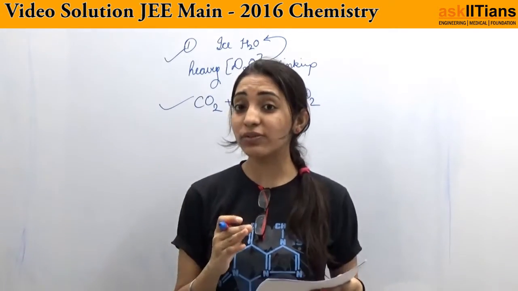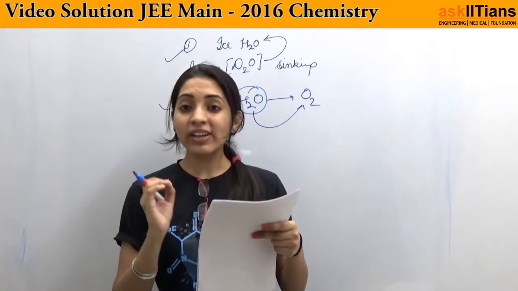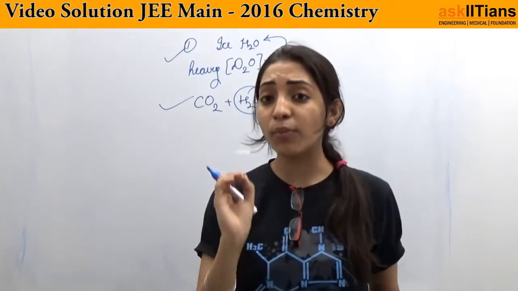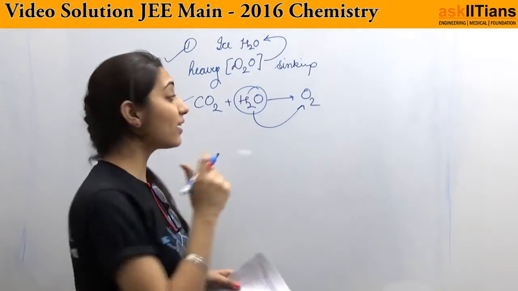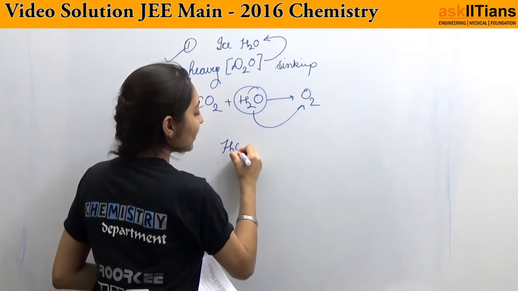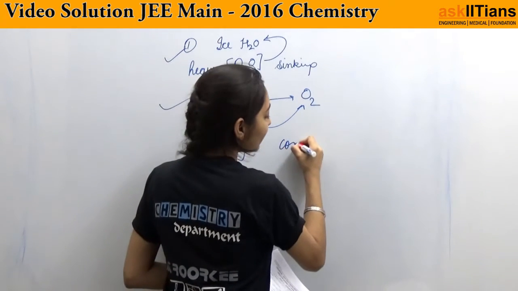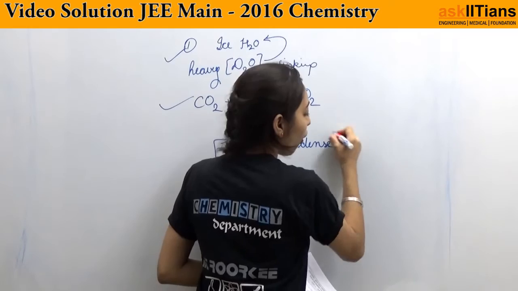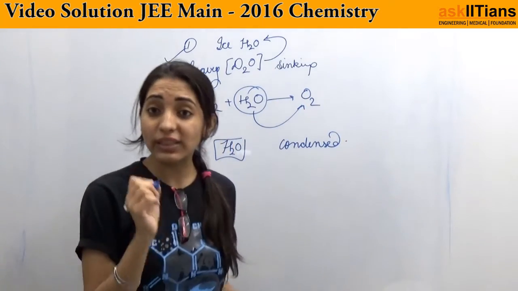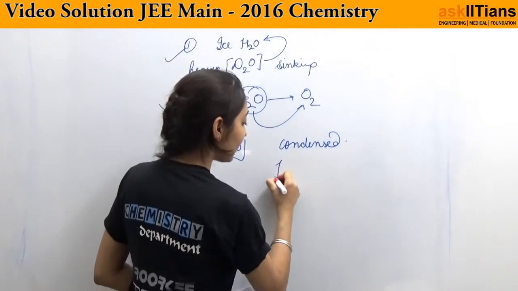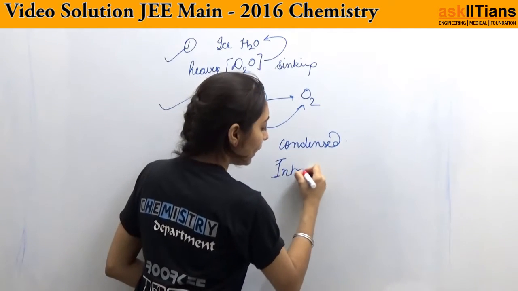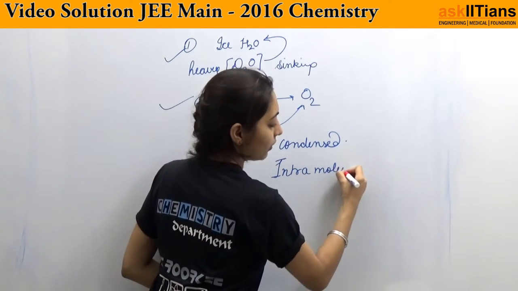But the fourth option which is given to us says there is extensive intramolecular hydrogen bonding in the condensed phase. So my dear students, whether he has written condensed phase or any other liquid phase, you need to keep in mind that he has referred to intramolecular.